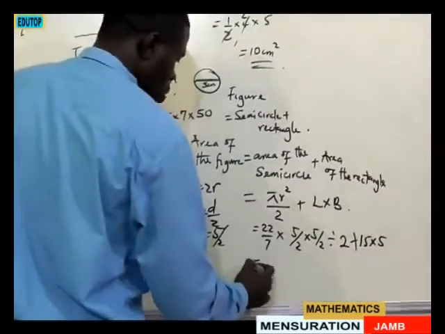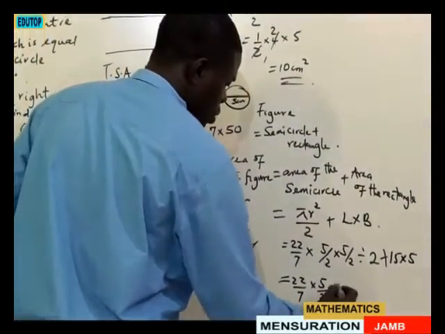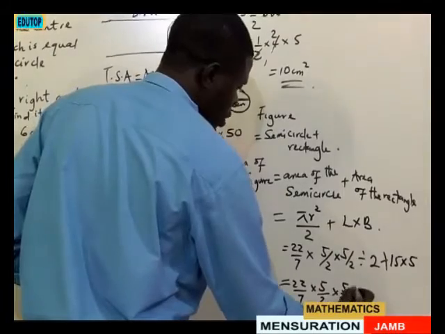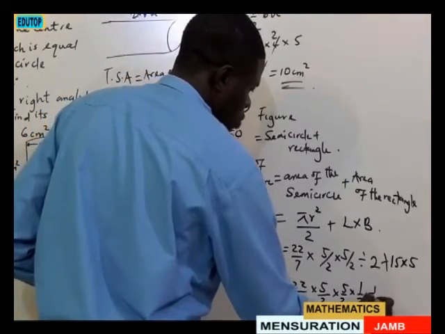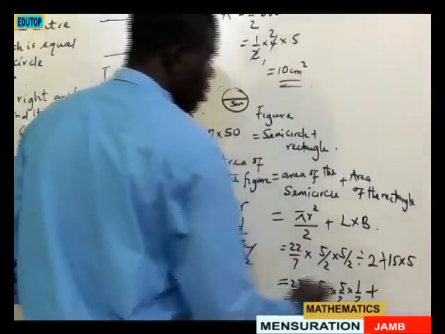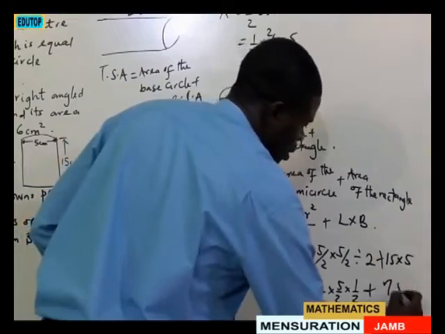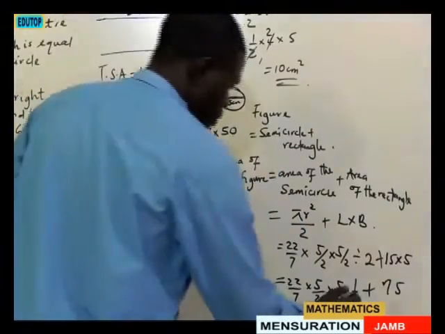So if you do this now, this one will give us 22/7 times 5/2 times 5/2 times 1/2 plus 5 times 15. That would definitely be what? 75. So let's try and figure out this.